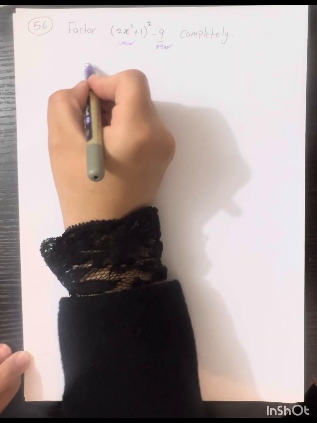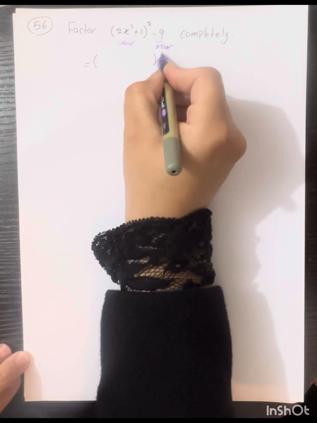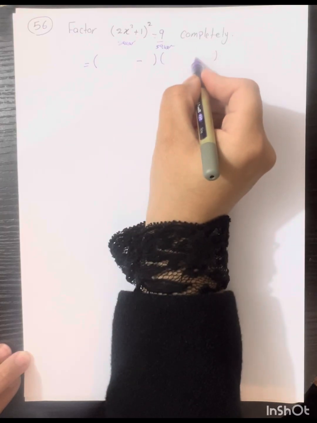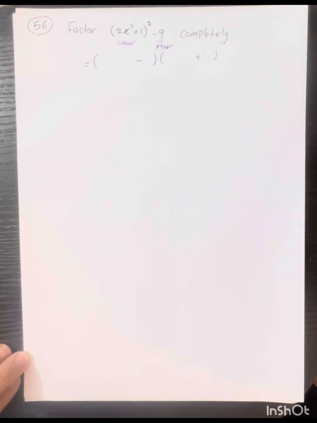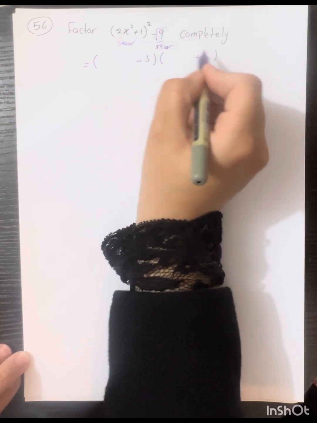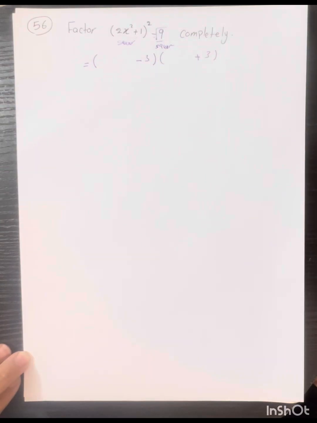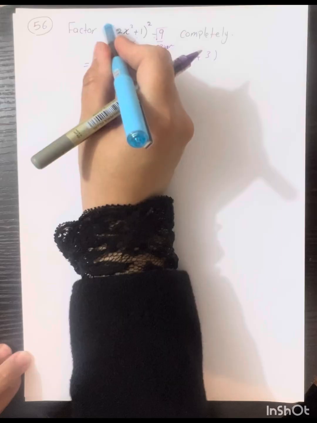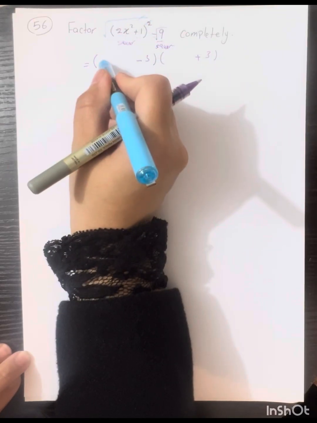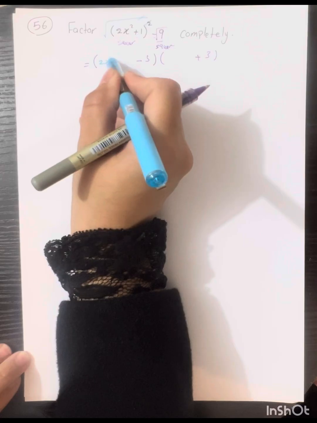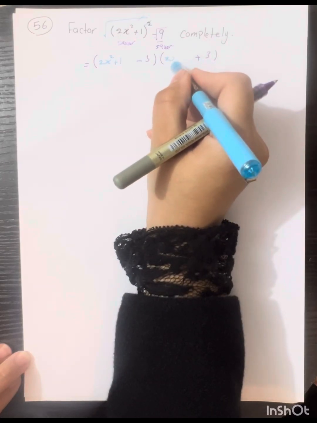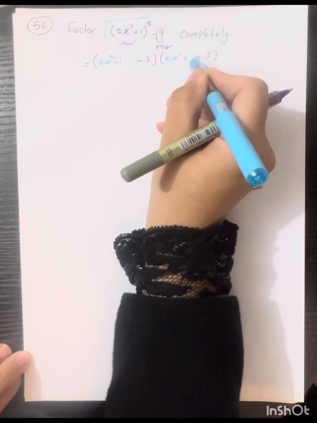I will write 2 brackets, one of them negative, one of them positive. Square root for the second term will be 3, and square root of the first term, cancel them together with the square, so we get 2x power of 2 plus 1 and 2x power of 2 plus 1.